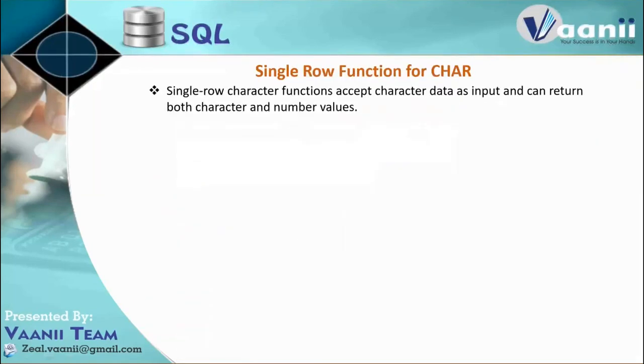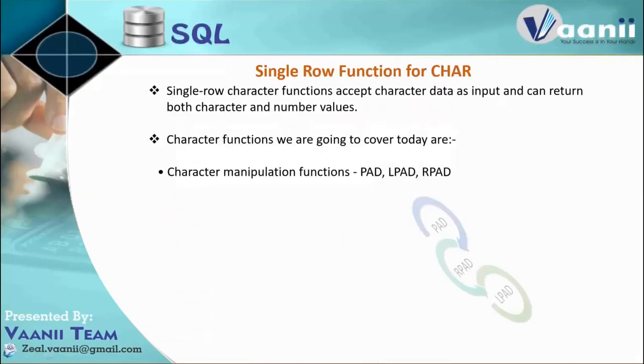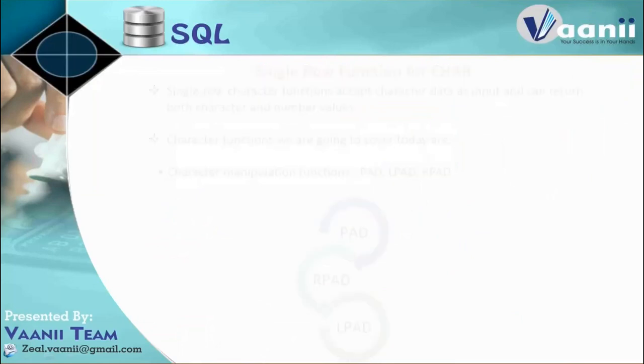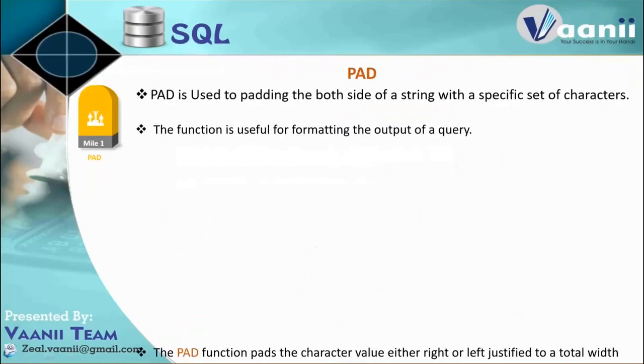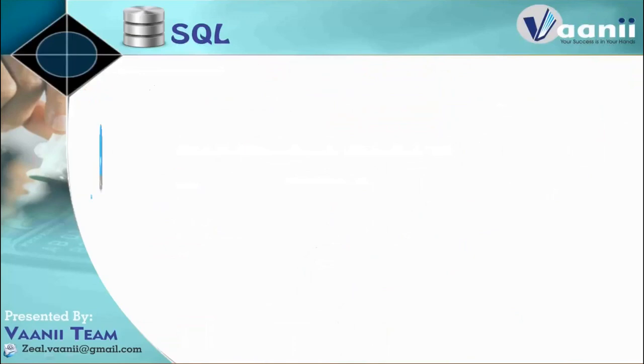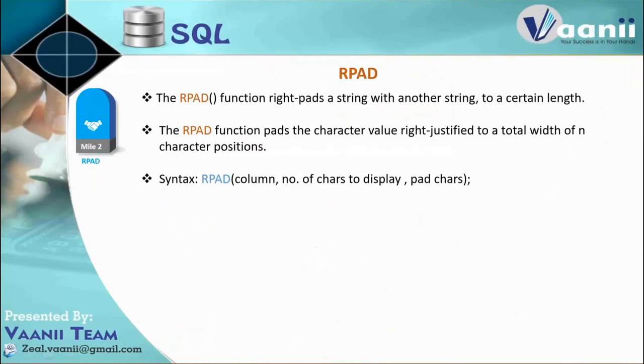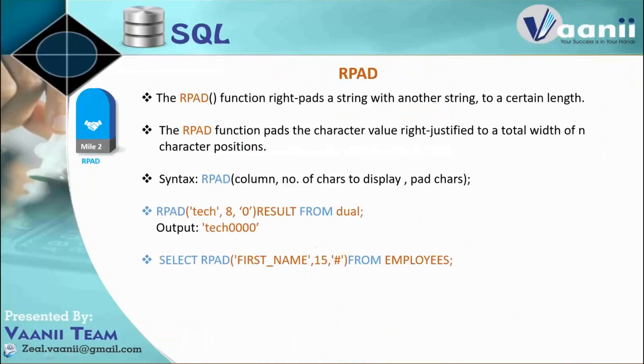So let's see what the syntax of padding is. First of all, you have to write a PAD function, and then you have to write how many characters we actually want to display, and then the PAD characters. So here you can see the column name, number of characters to display, and then PAD characters.